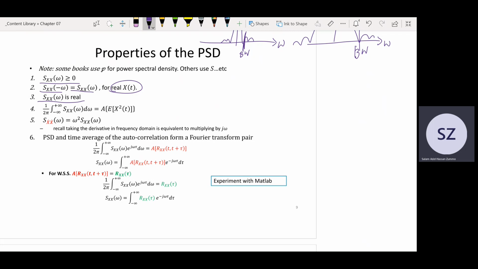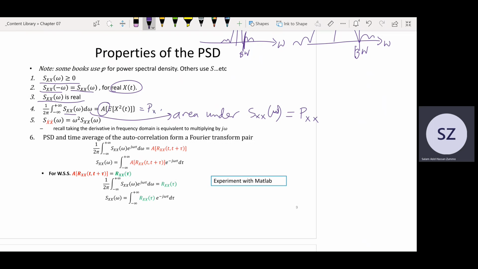And we talked about this. The inverse transform of the PSD is the average of the signal. If I integrate the PSD, the area under the curve of SXX, the area under the curve equals the average value.